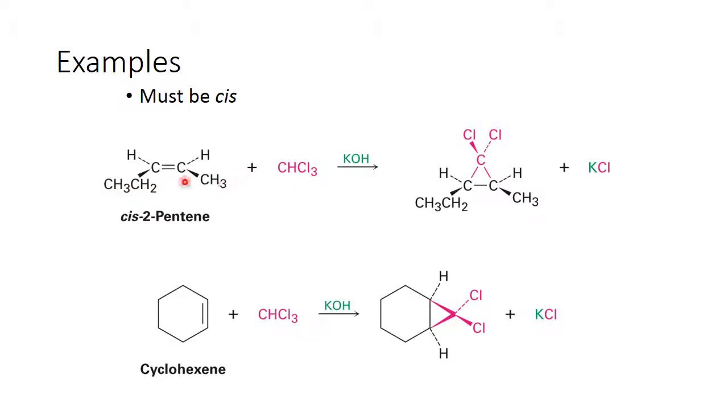Because it is syn addition, you have the carbon forming a cyclopropane right here. Notice if it is cis in the double bond like this, it's going to be cis in the cyclopropane ring. So if this was a trans 2-pentene, then the methyl and the ethyl group would be trans to each other on the ring.